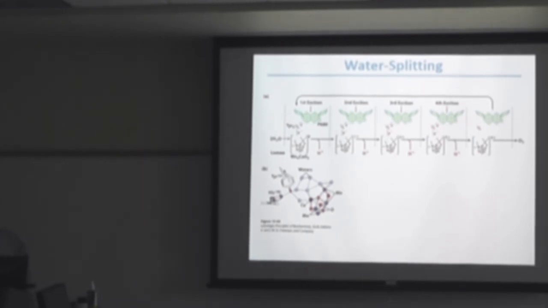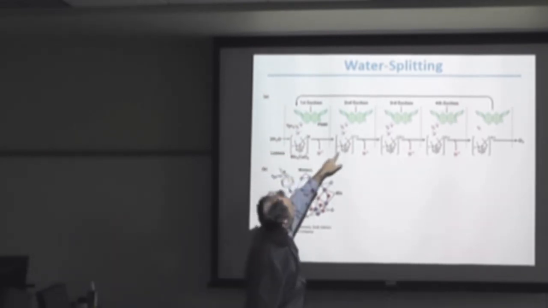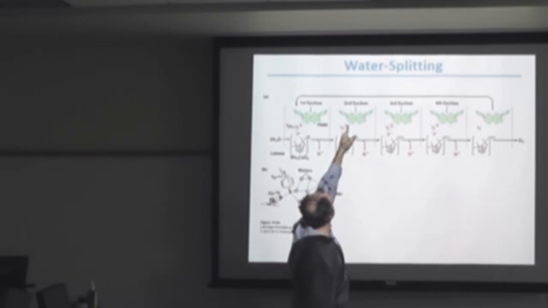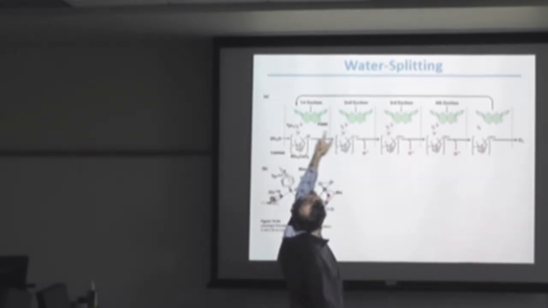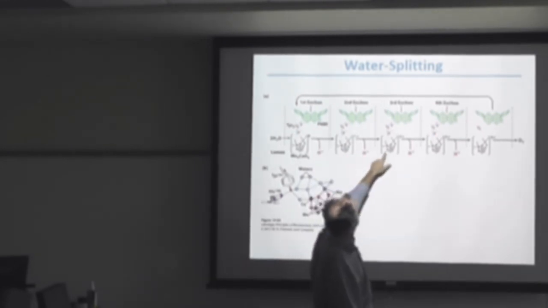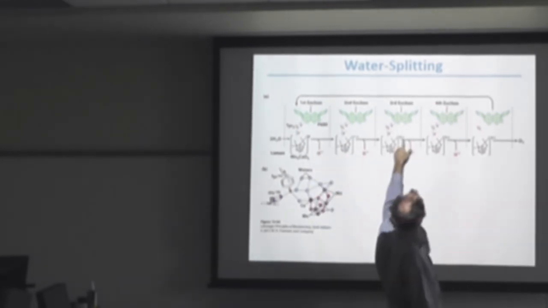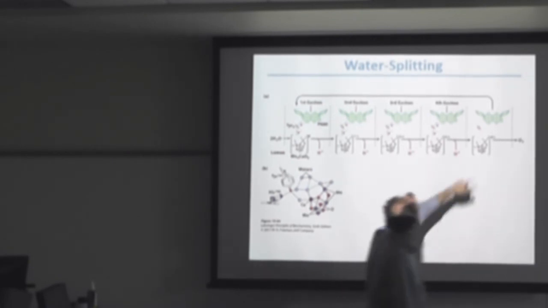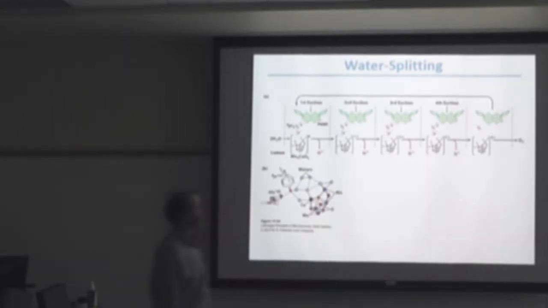First exciton. So here you have water bound. Electron comes from that to the first exciton, and then the second. We lose 2 protons in the process. The third exciton, and then the fourth, and then ultimately you get oxygen released from that process.